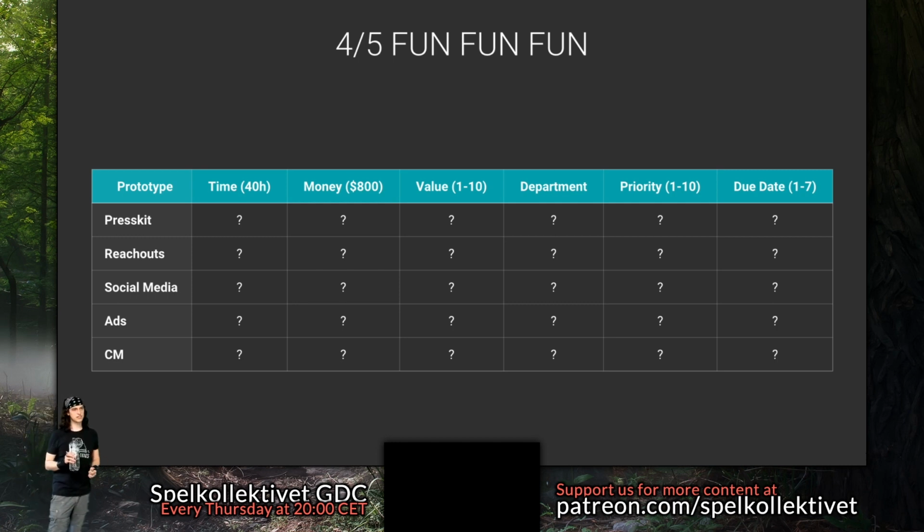How would you tackle it, and how soon in a week would you like to be done with it? Press. Press is either press kit, which is like preparing marketing materials, and also reach outs, which is sending the emails part. So by show of hands, how many ones do you have in the due date column?